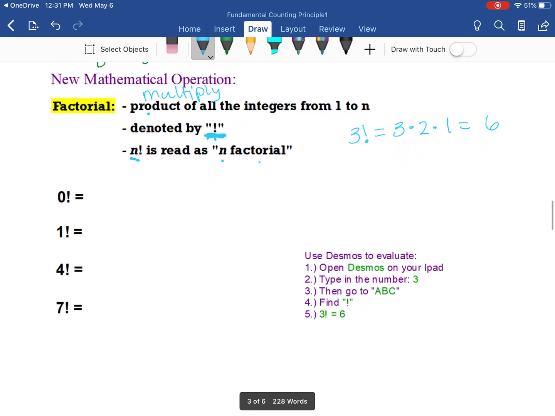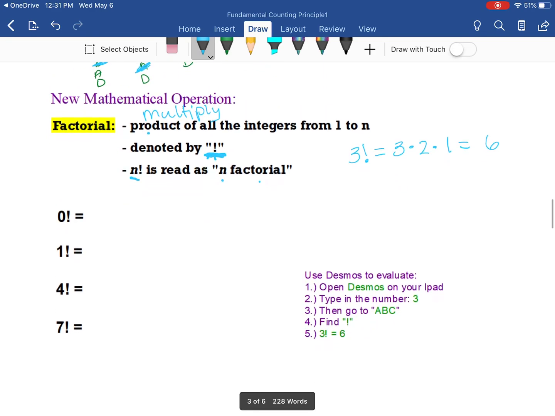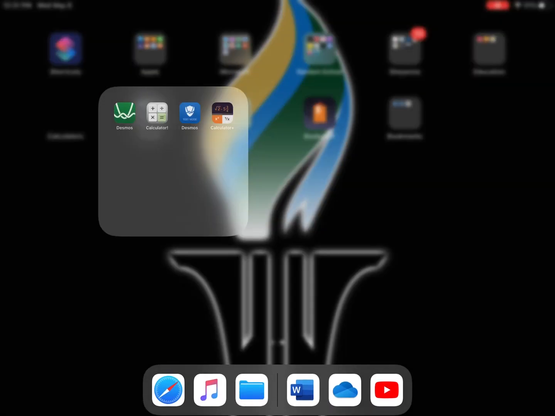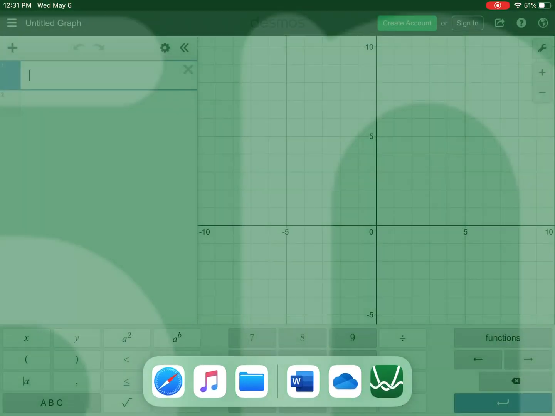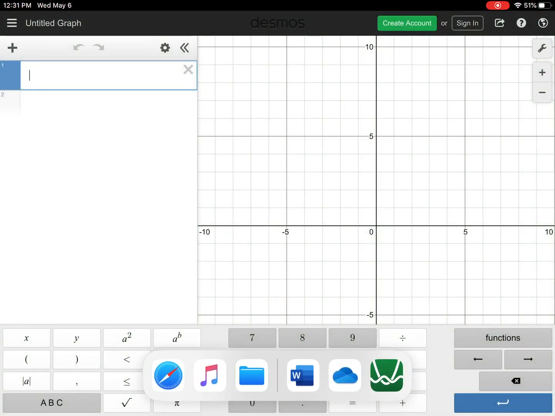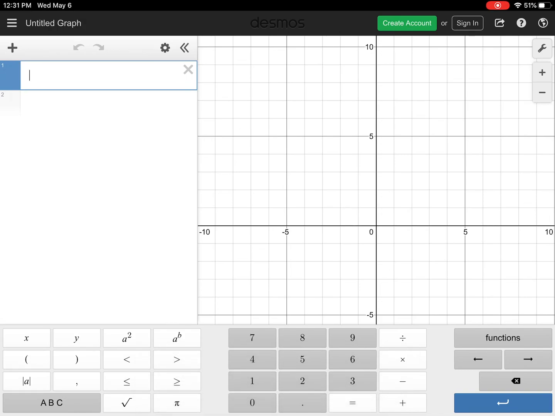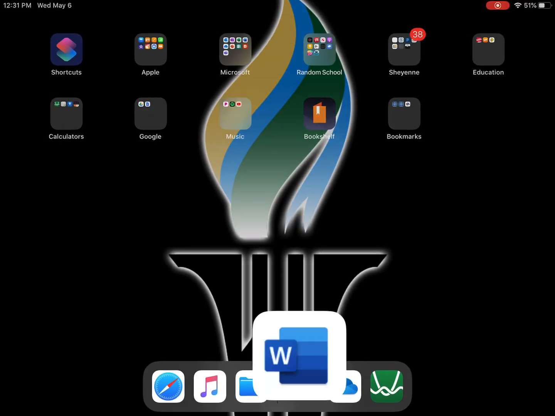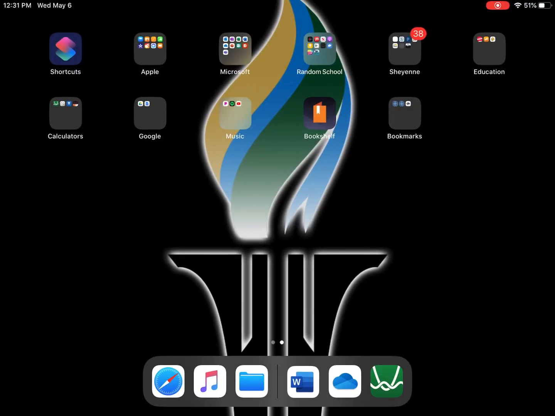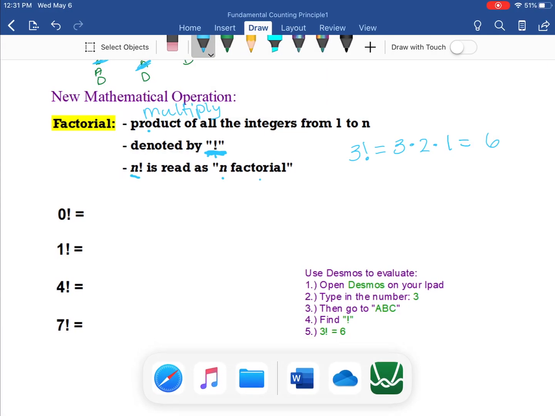So we're going to use Desmos to figure this out. You can do it by hand, just by multiplying, but just in case the numbers get kind of big, we want to know how to use Desmos. So go ahead and open that up very quickly. I'm going to try to split my screen. Oh boy.